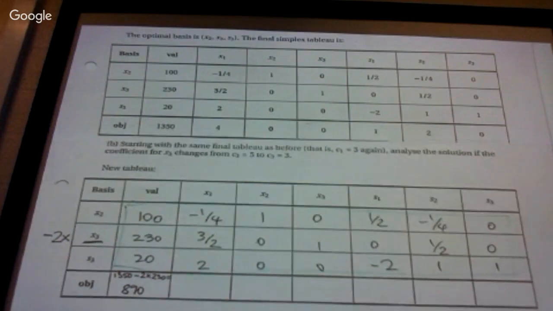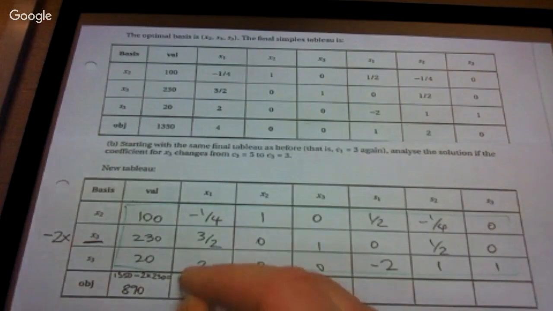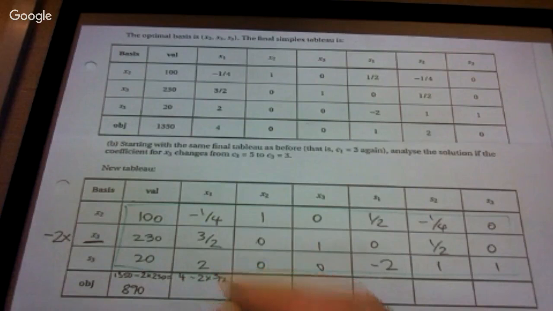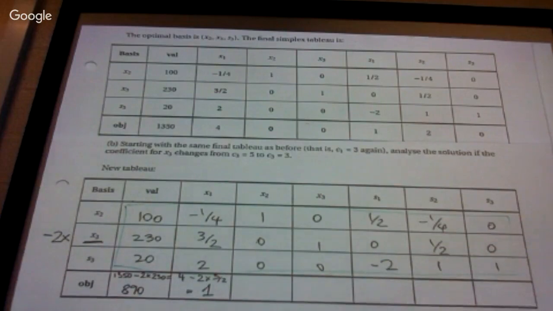Okay. This entry, what was it? It was 4. Now we're taking away 2 times 3/2, so that is 1. X2, we're taking away 0, so it just remains 0.